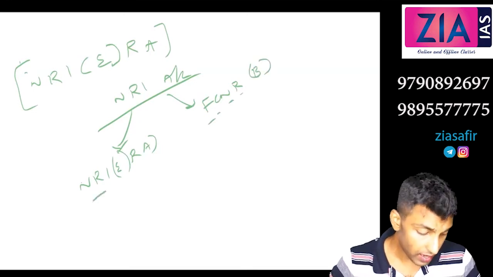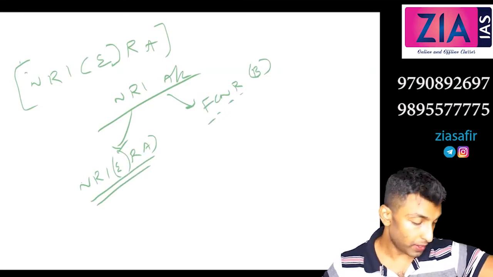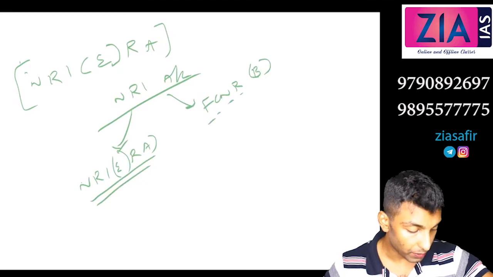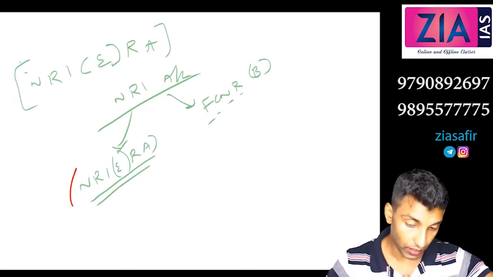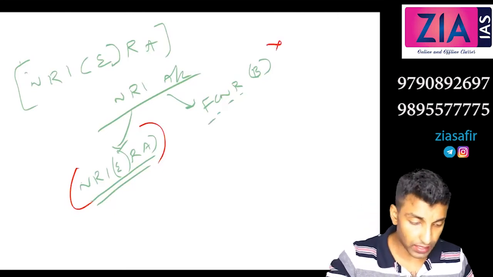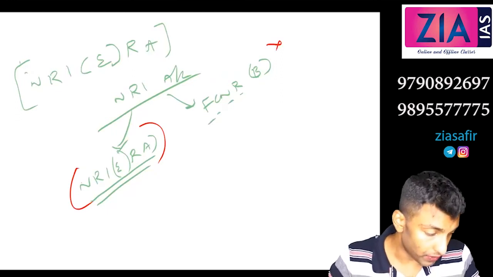This is the NRI external rupee account, then FCNRB. In 2011 RBI deregulated interest rates on savings account deposits as well as deposits on this one, not this one.